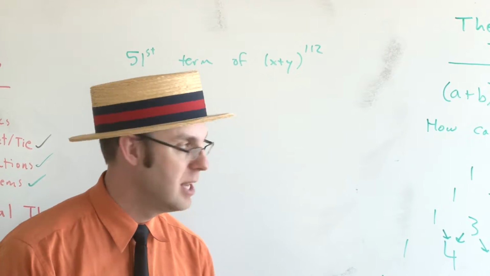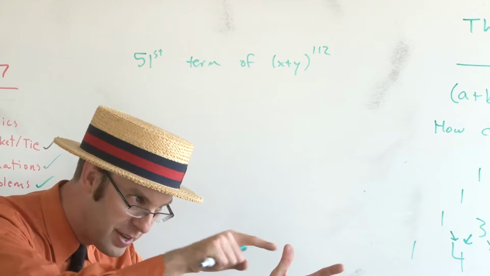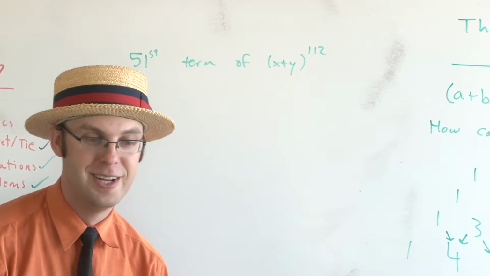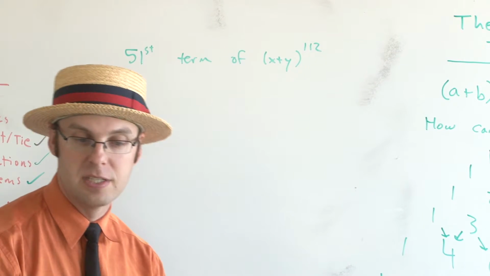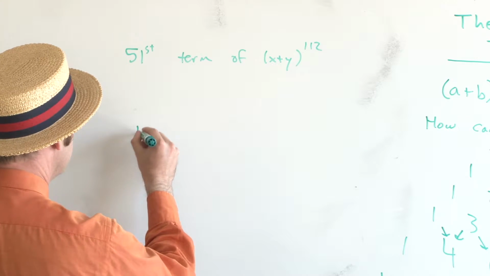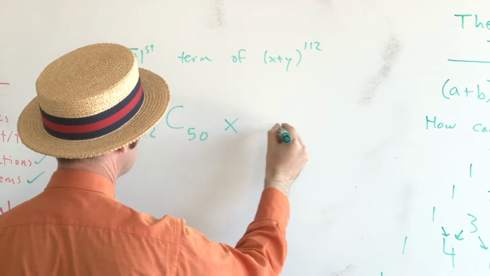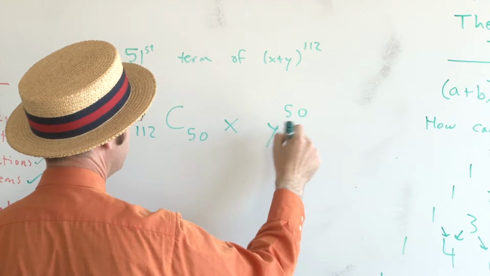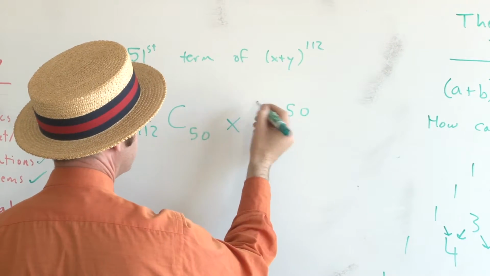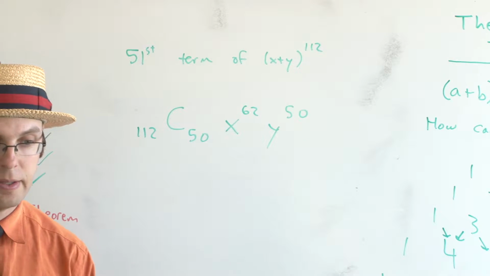You could use your expand button, but then you've got this screen filled with 112 terms and you've got to go through and count the 51st. Not the best way to spend a Saturday morning. But for us, all you've got to do is say 112 C 50, y to the 50, x to the 62. And you're done. That's it.